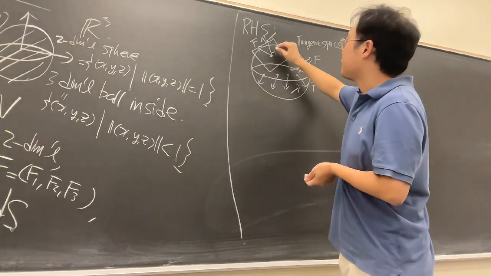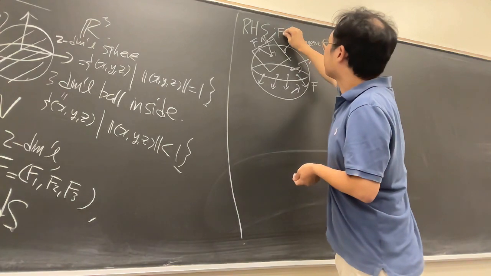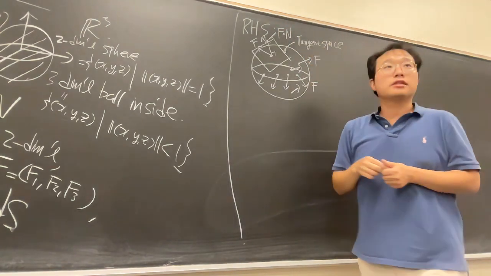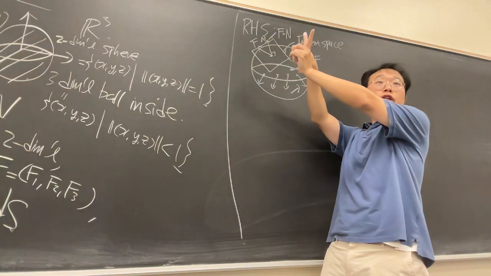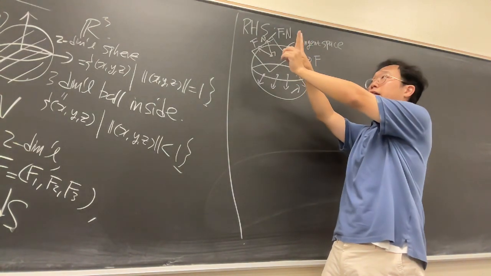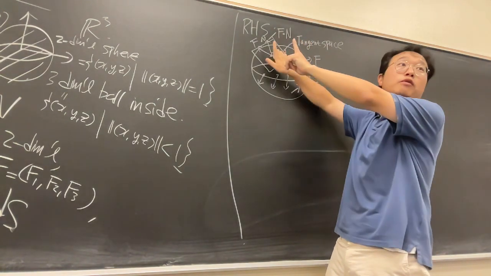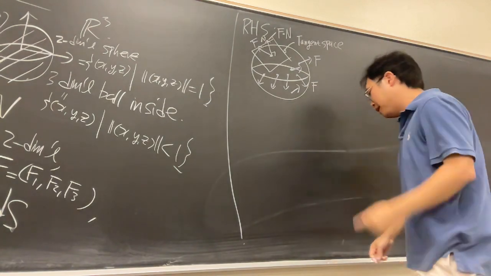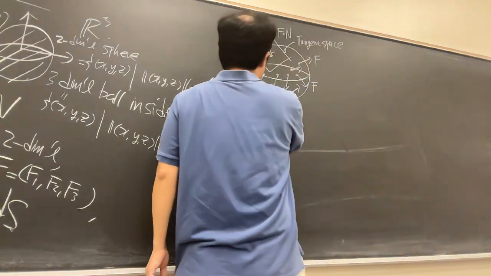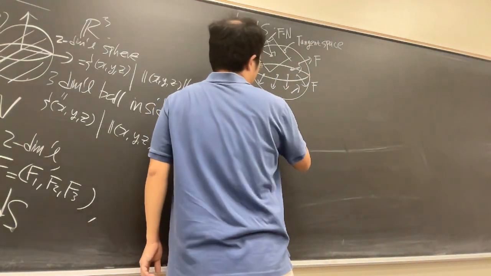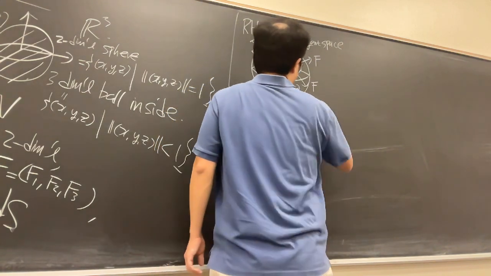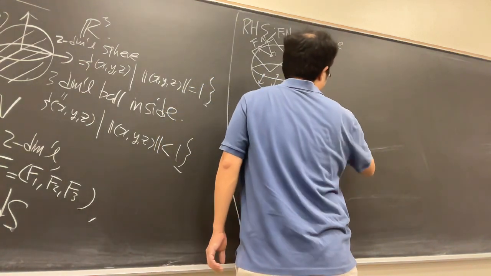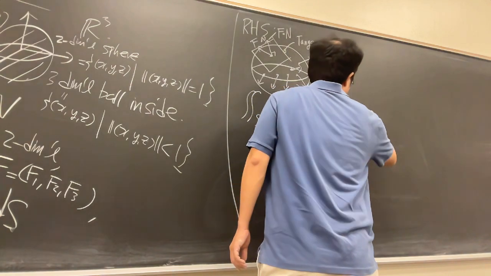So what we can do is take the dot product between these two. Given the vector field, take the dot product with the normal direction, meaning that you just look at the magnitude coming from the normal direction. So this just means nothing but f dot n dA.